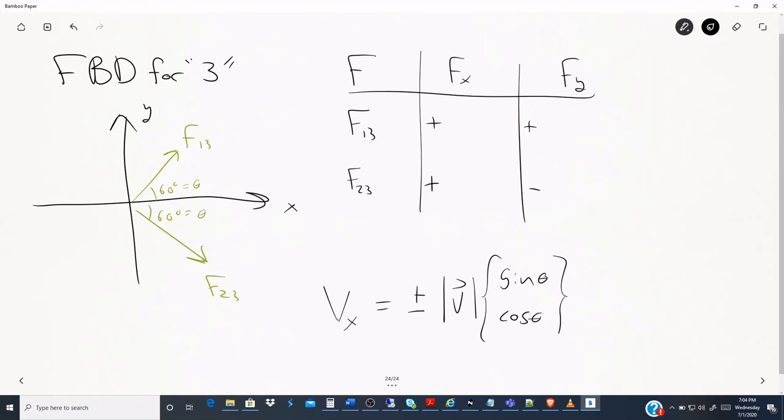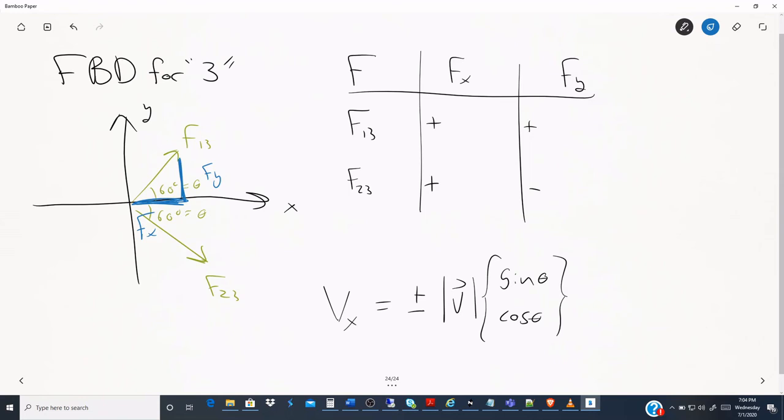And whether it's sine of theta or cosine of theta depends on whether that component is opposite to or adjacent to the angle of interest. So for instance, if I'm looking at f(1,3), this would be the x component, and this would be the y component. So this would be fx and fy.